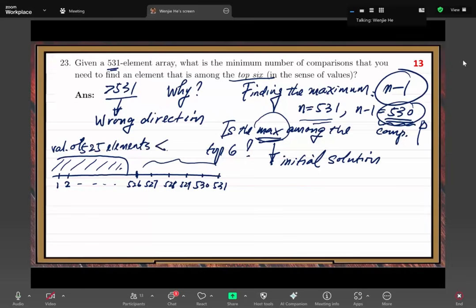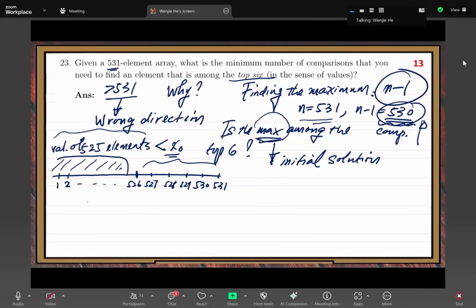If I call it x0, that element should be greater than at least the values of this many elements, right? From the diagram, we can understand that way. The question: how do we get such an element? Here we use a smart way.